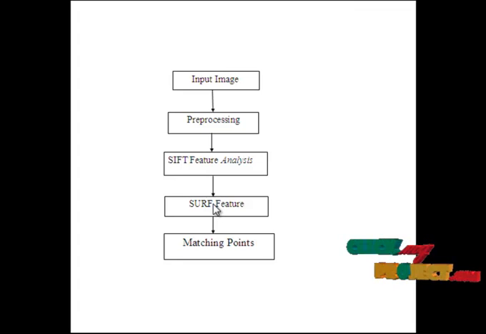SURF stands for speeded up robust features, which introduces a new algorithm called SURF. SURF goes a little further and approximates the LoG with a box filter. Below, the image shows the demonstration of such an approximation. One big advantage of this approximation is that convolution with the box filter can be easily calculated with the help of integral images.